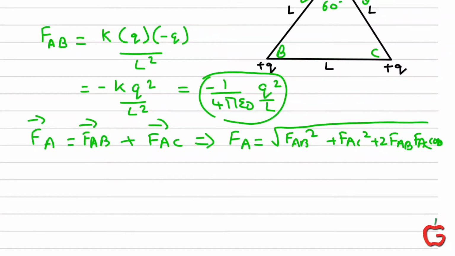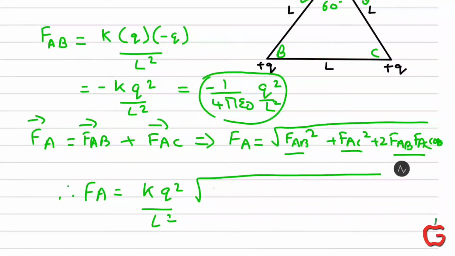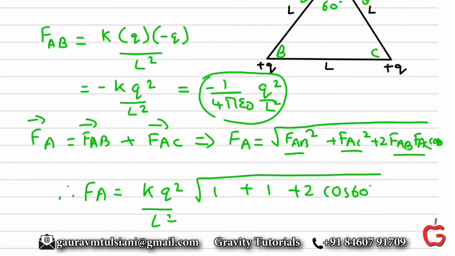Now the magnitude of all of these is KQ square by L square. So I forgot the square here. So these three things can be taken out of the root. So therefore the net force on A is KQ square by L square times the root bracket, where we have 1, another 1 and twice cos 60. And cos 60 is half, so even this third quantity is 1.